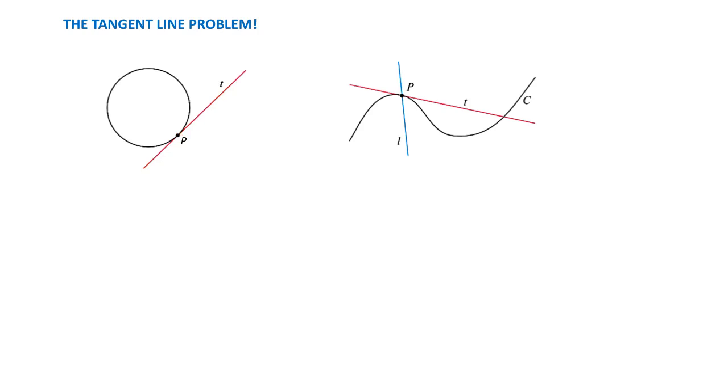Let's pretend that this point has coordinates (a, f(a)), your x value and your y value. Well, if all that we have is one point on this line, we can't even calculate the slope of a line, because to calculate the slope of a line, we need two points on that line, not just one.